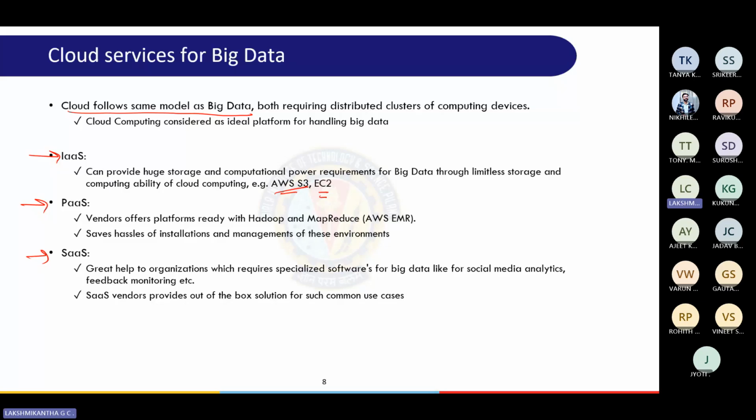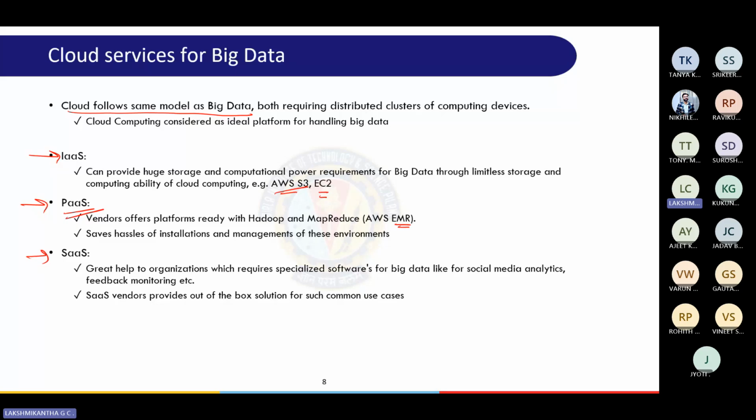Now let me look at the second one, that is platform as a service. Guys, the vendor provides a ready-to-use platform environment. Then what is the big data benefit? Guys, this is the lifesaver. Vendors offer platforms that come ready with Hadoop and MapReduce. Think of AWS Elastic MapReduce, guys, which we call EMR.